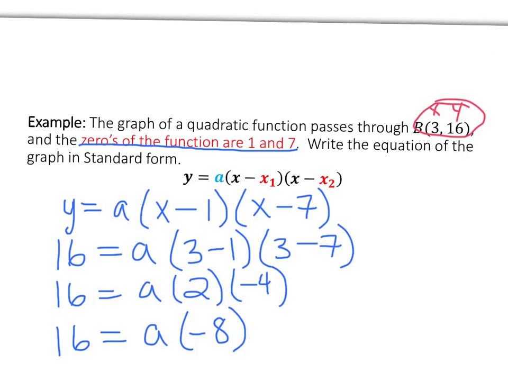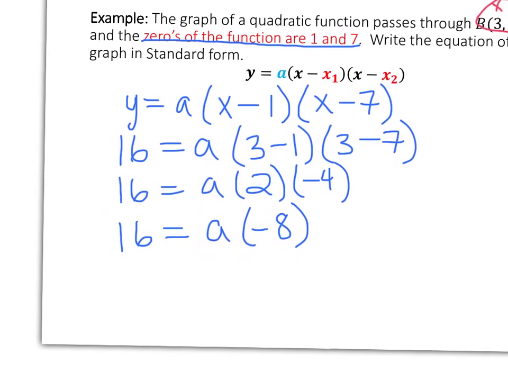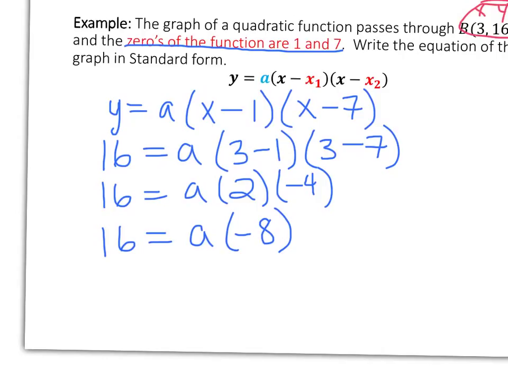Okay, so now what I've done here is I've taken this 3 and plugged it in here and here. And then I've just simplified each bracket. So this equals 2. This here equals -4, and I've got my 16 here in place of the y. Now all we want to do is simplify. So we've got 16 = a times -8 right here. And then all we need to do is solve for a.